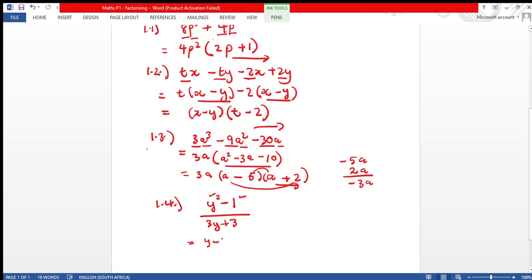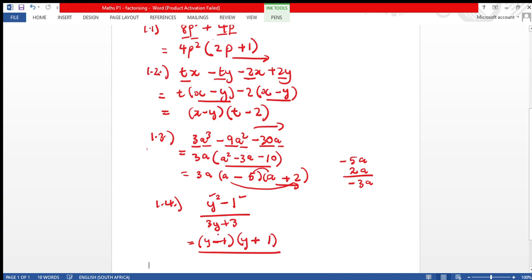So the way you factorize the difference of two squares, you write the square root of each term. Basically, the factor of y squared is y times y, and then the factor of 1 is 1 times 1. Just the signs will be opposite. If you have a negative here, you're going to have a positive there.